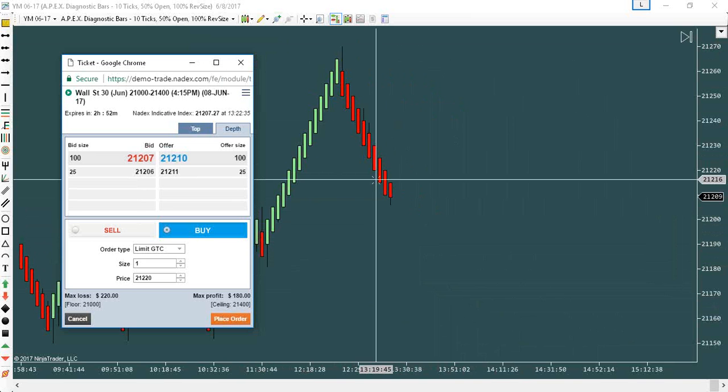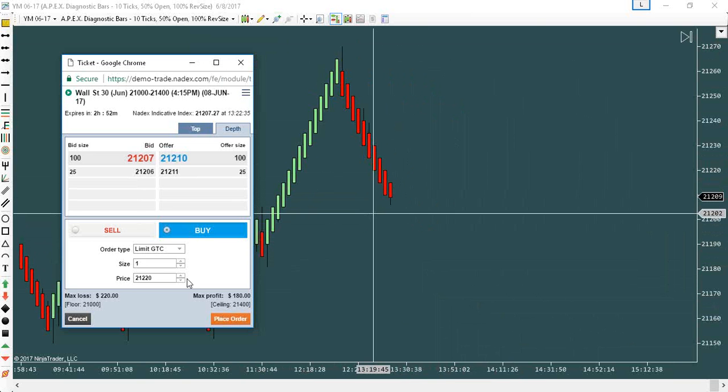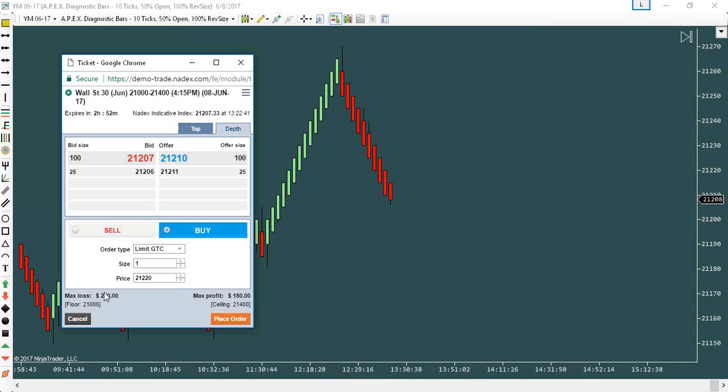Okay, the very first thing I want to explain to you is you have to realize this amount right here, all that amount is technically, yes, the most I can lose, but it's the amount that I have to put up out of my account in order to get in the trade.